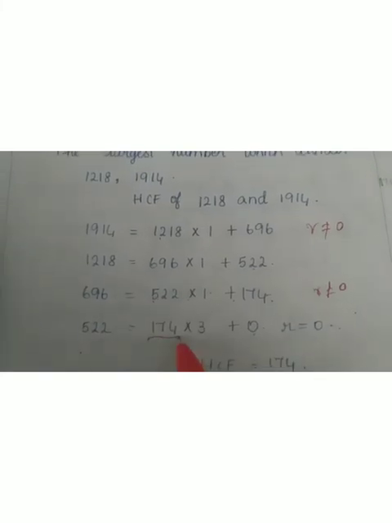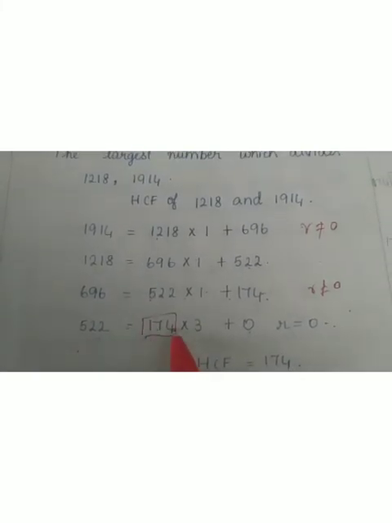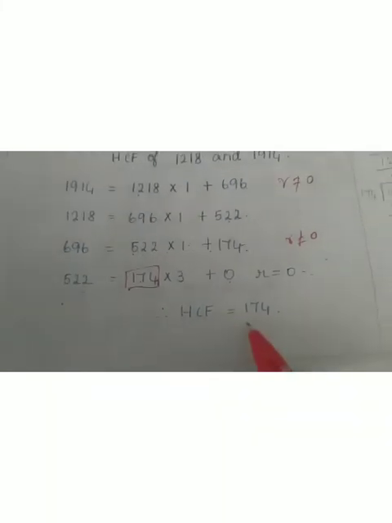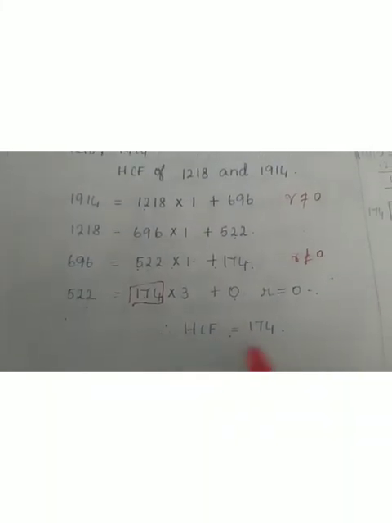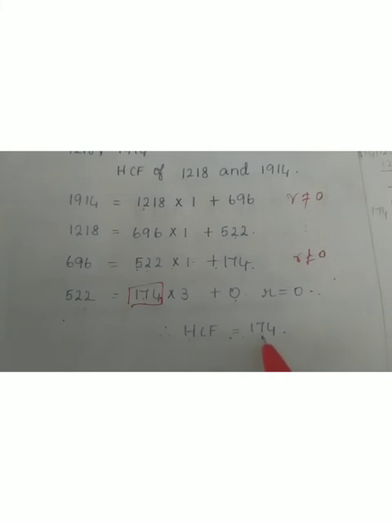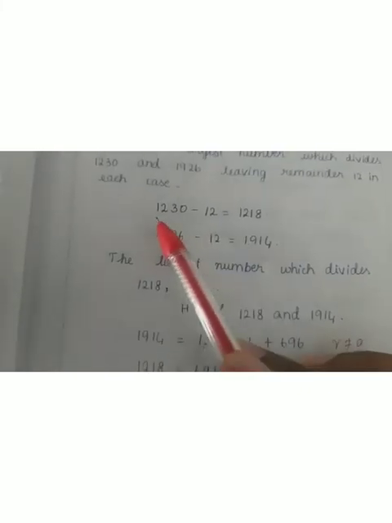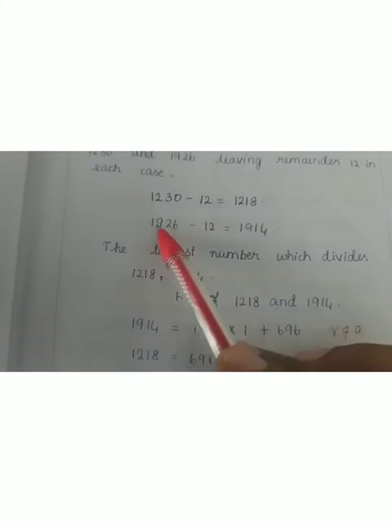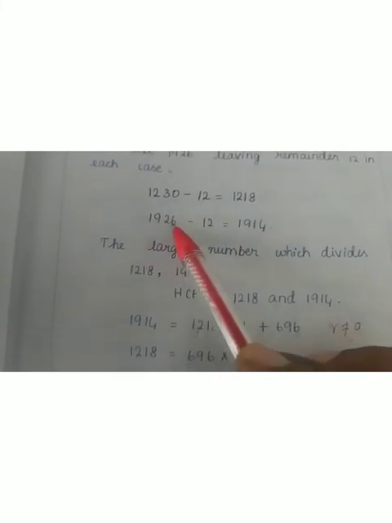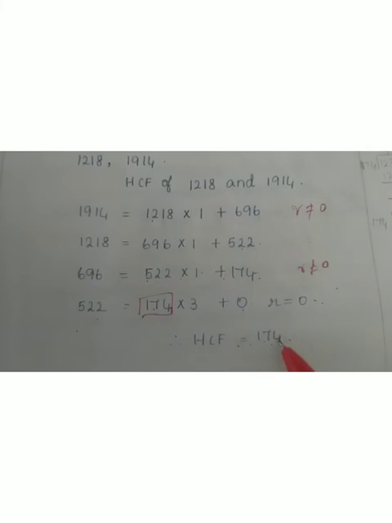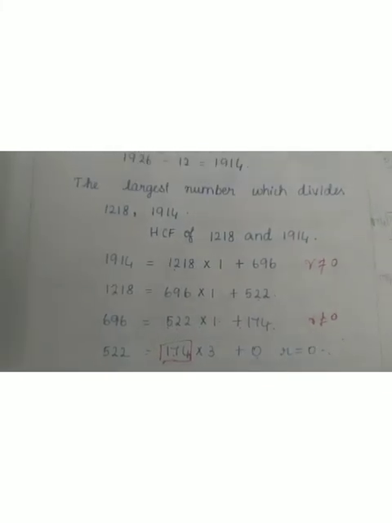Therefore the final divisor, 174, is the HCF of both the numbers. So HCF equals 174. When 1230 and 1926 are divided by 174, we get the remainder 12.